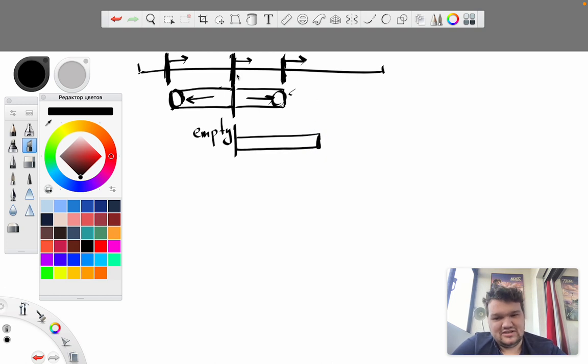So to pop an element, we want to pop it from this first stack, but we can't, it's empty. So we kind of need to pop this element, but it is inaccessible because it's at the bottom.